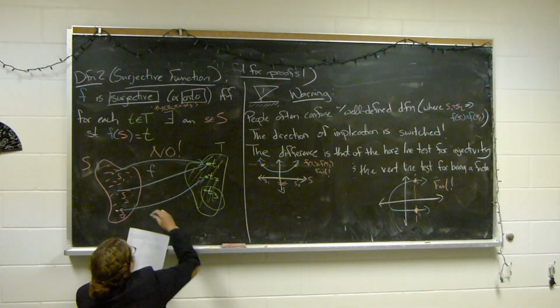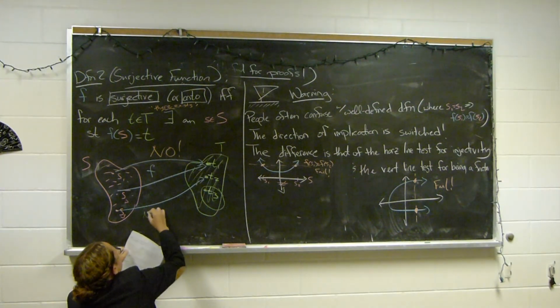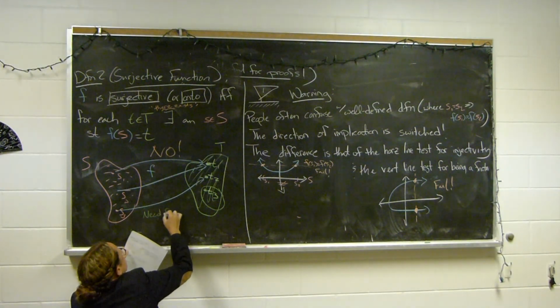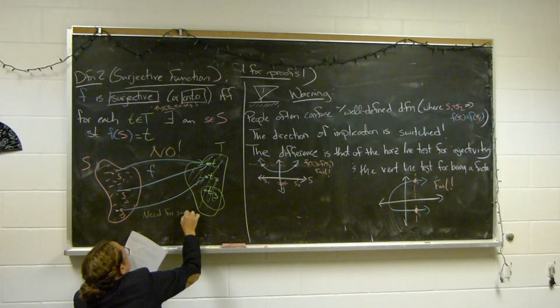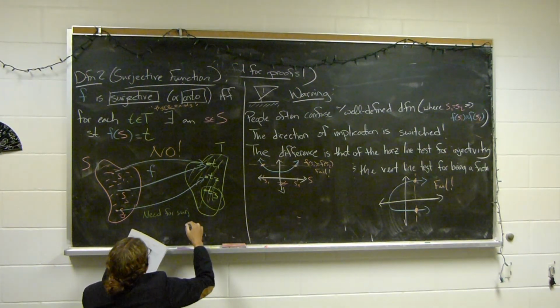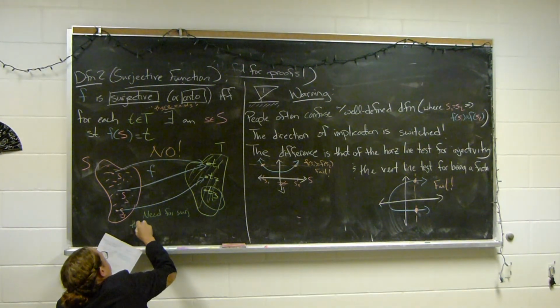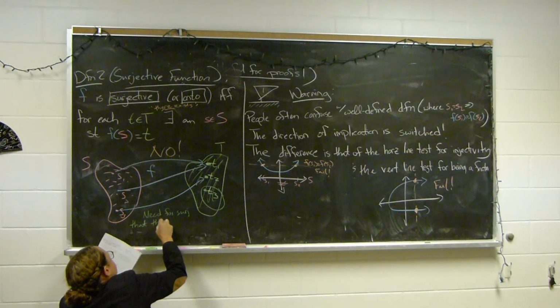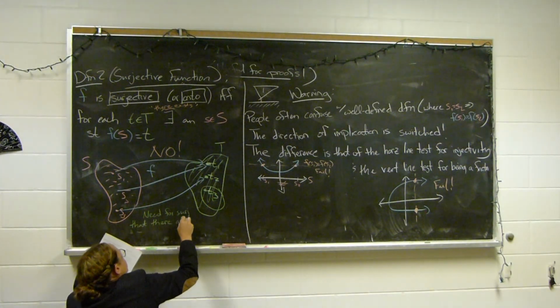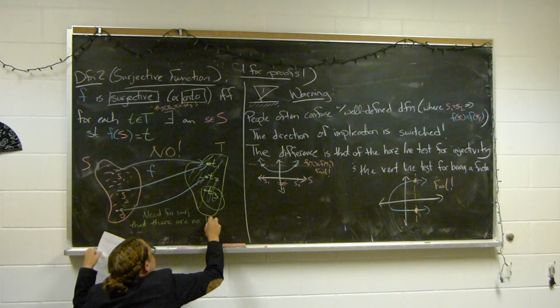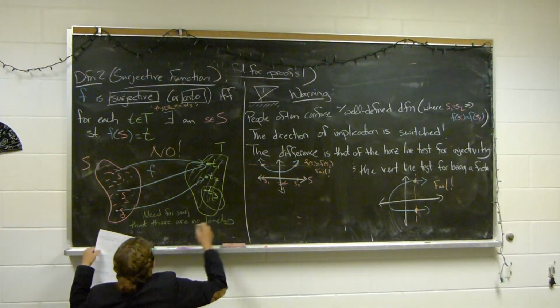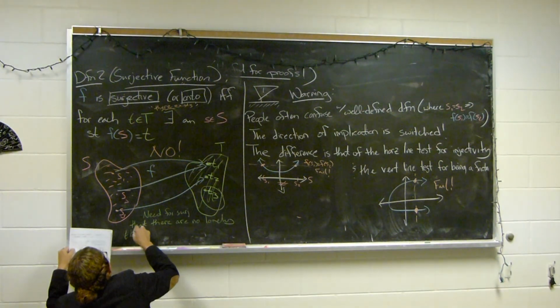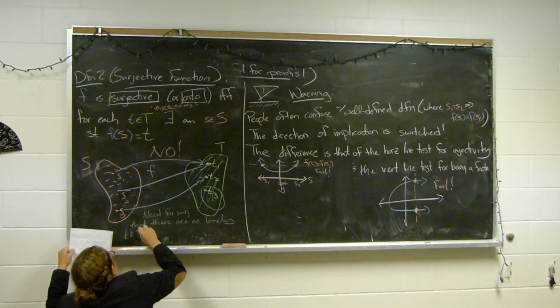So for surjectivity, we need that there are no lonely t in T with nothing mapped to them.